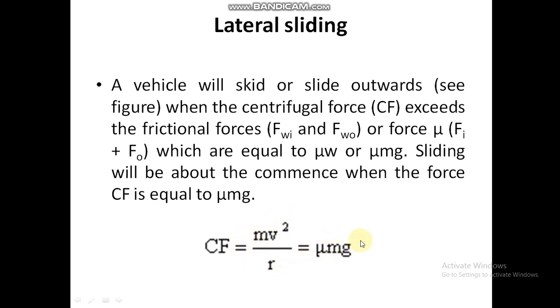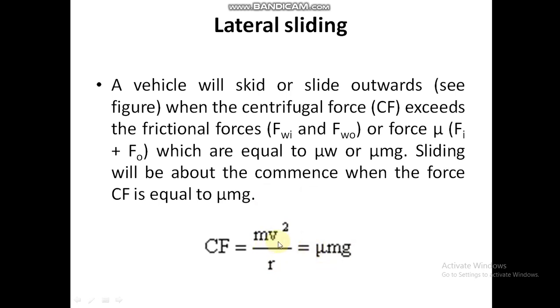And CF can be written as mv square upon r. This is the formula for centrifugal force. So mv square upon r is equal to mu into mg. The force in the right direction is balanced by forces acting in the left direction. So from here we get this equation.